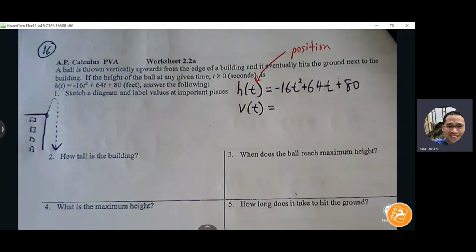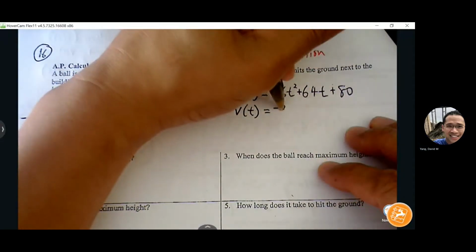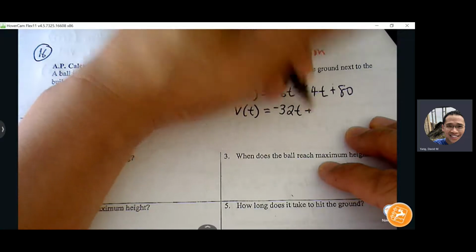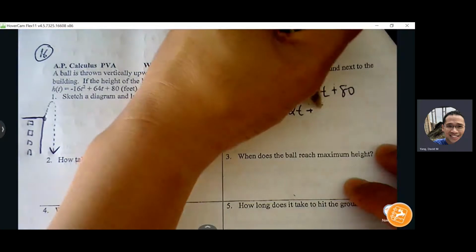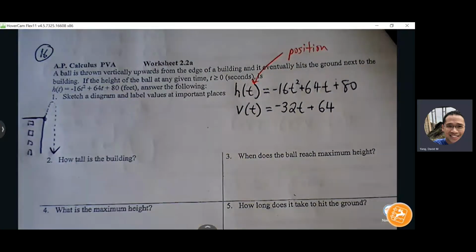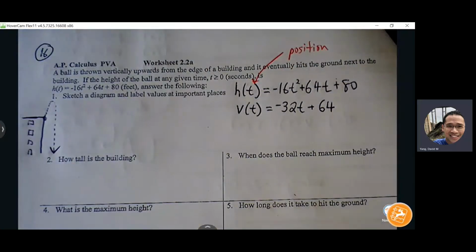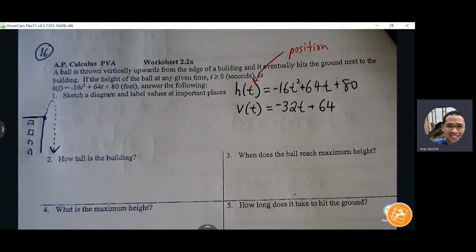So first term, what's the derivative of negative 16t squared? Negative 32t. 64t turns into 64, right? So degree 1 is going to turn into a constant, and the 80 is going to go to what? 0. Good. 80 is a constant. It's going to go to 0. The slope of a horizontal line is going to be 0.